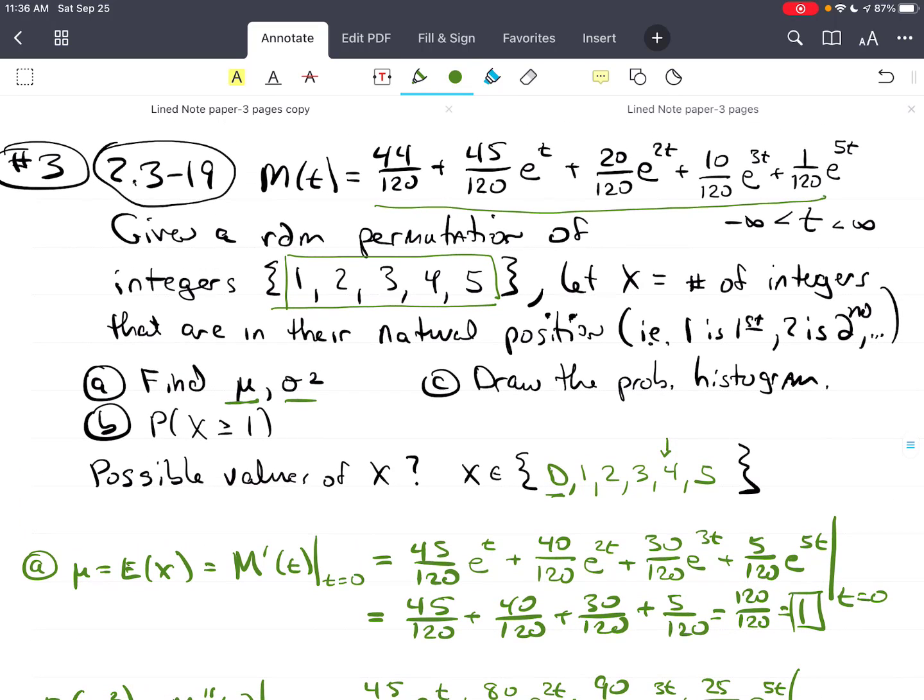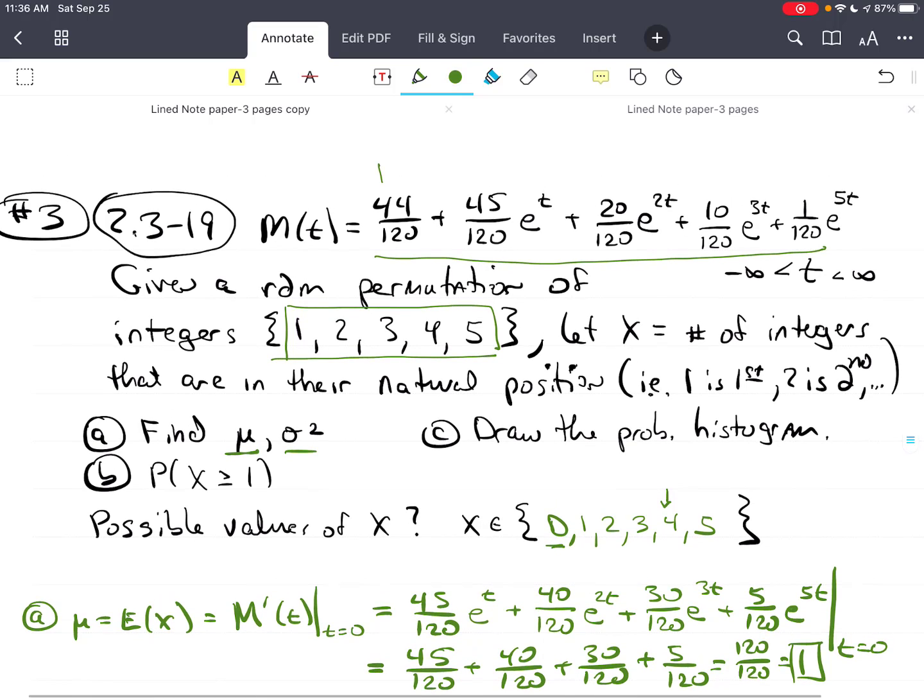And so the first term has to be f of 0. And since this is e to the 1t, this has to be f of 1. And then this is going to be f of 2, because we have the 2 here. And then this will be f of 3, and then we'll see that f of 4 has to be 0 because it's missing.